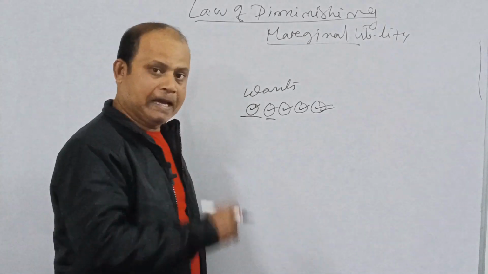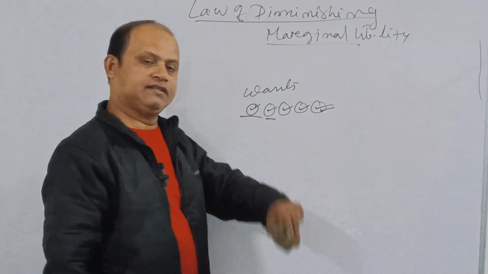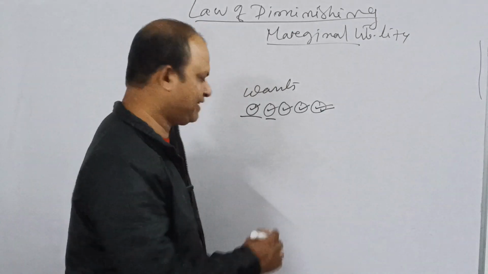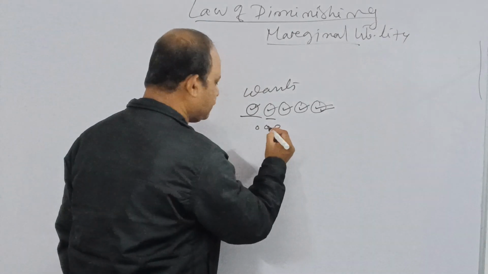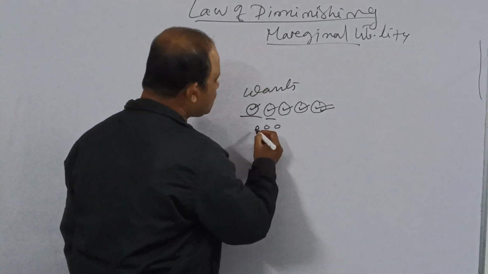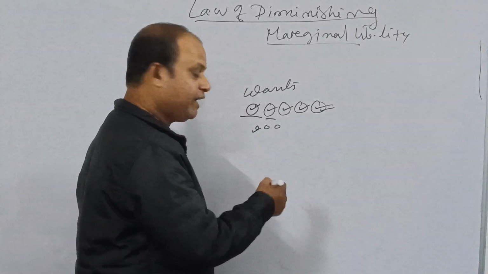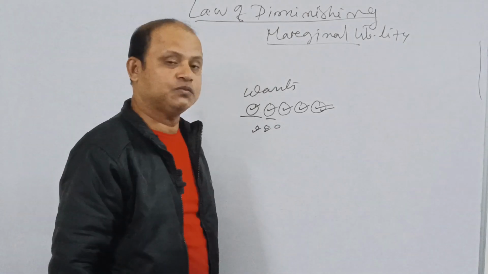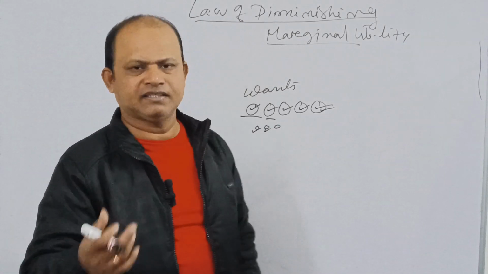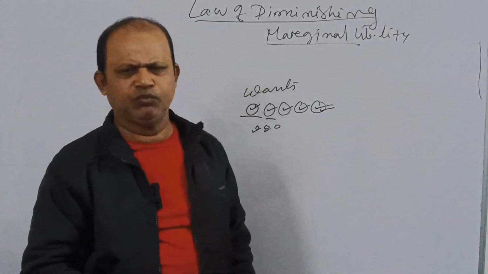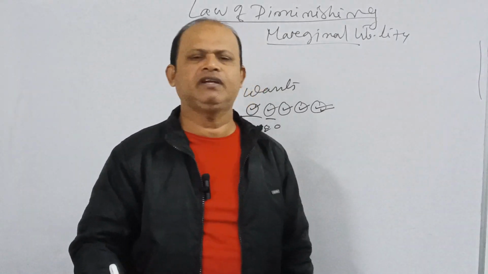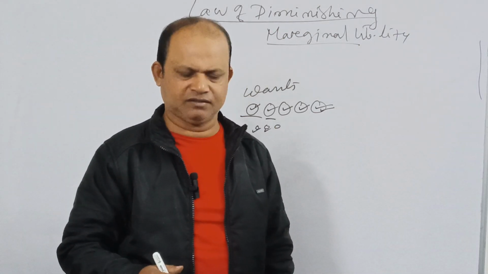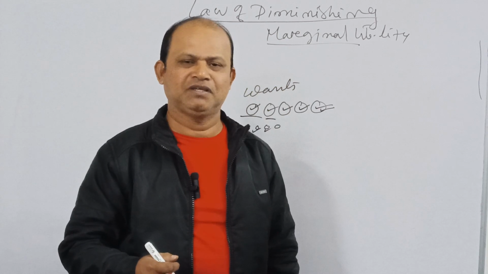Another thing is that all these sweets must be of a standard size. You may get small sweets in the market. If you consume the small first one, and again consume the second one, you are not going to find the difference between these two. Or I am giving another example. Suppose you are very thirsty and need a glass of water, but somebody gives you 1 teaspoonful of water to meet your thirst.